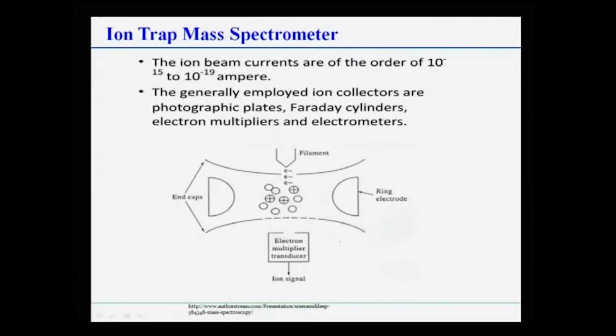So, what is done here? You have basically a filament, which actually creates ions, charged species, and then we have this kind of ring electrodes which basically collect or trap these ions, and after that we can use mass spectroscopy or this kind of single focus or double focus or quadrupole, and then we can analyze these ions by mass to charge ratio, and finally we can detect them using a transducer.